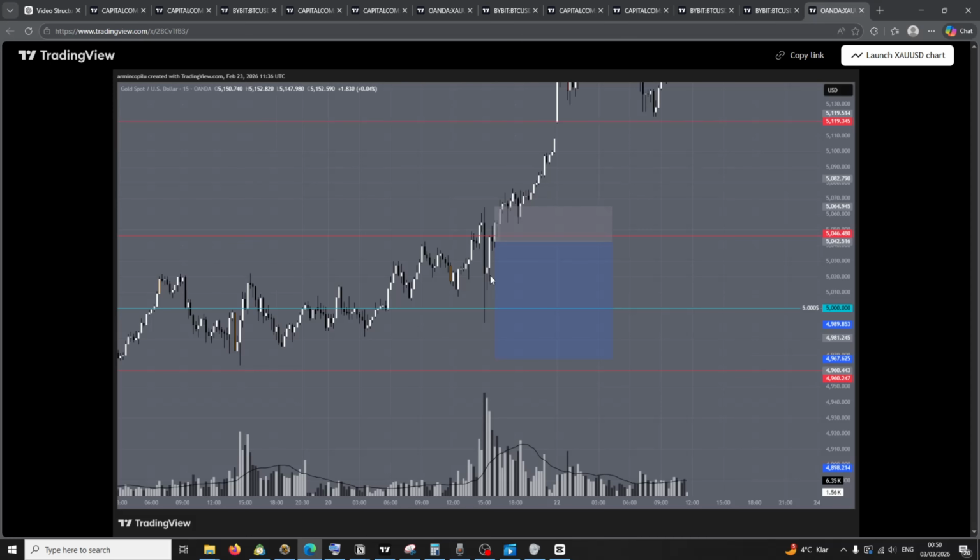But yeah, actually gold is not really responding very well to this system. It's not that often that this system appears on gold, and when it does, it's not really respecting the system.